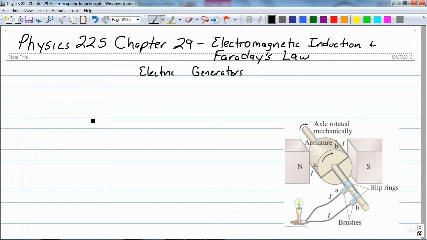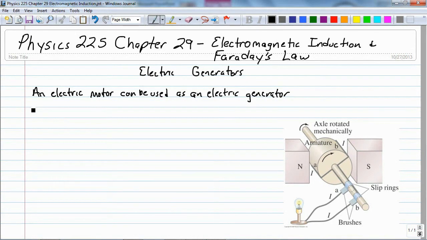It's a duality, in the sense that an electric motor can be used as an electric generator, and it turns out that the same can be said of the generator.